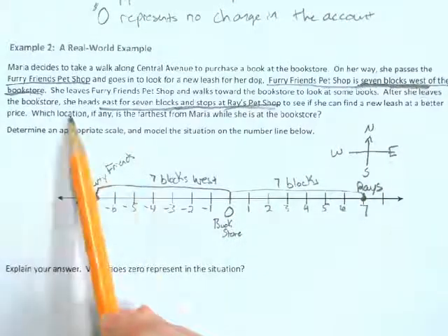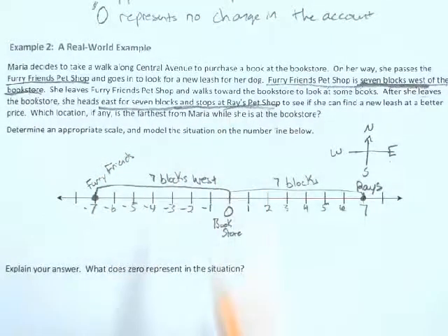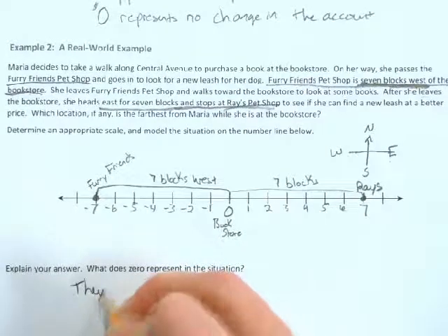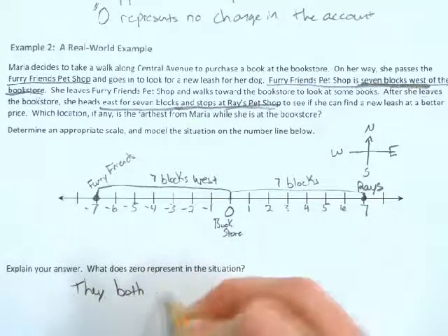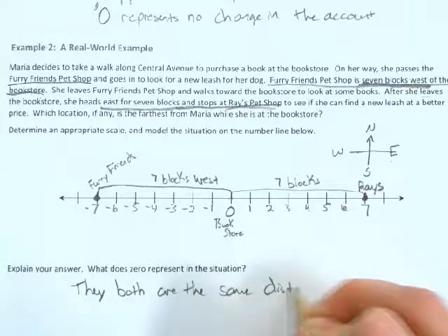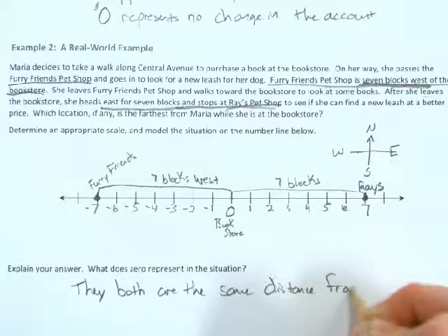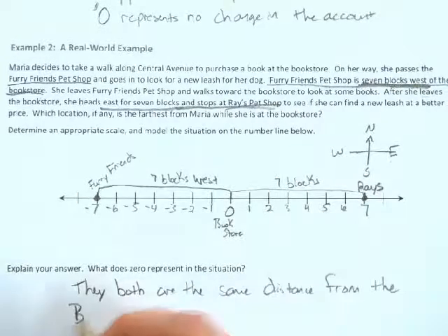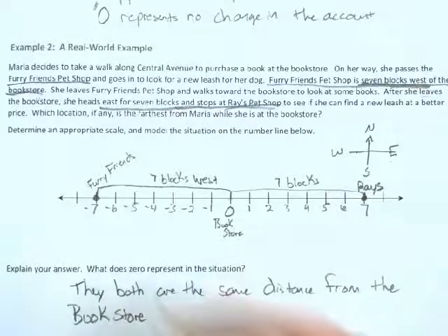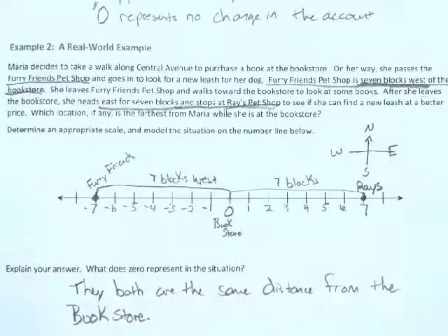Which location is the farthest from Maria while she's at the bookstore? So your answer would be they both are the same distance. From the bookstore they're opposites of each other.